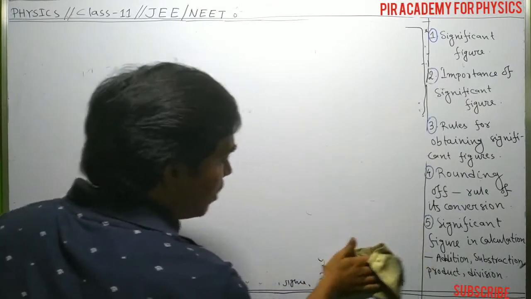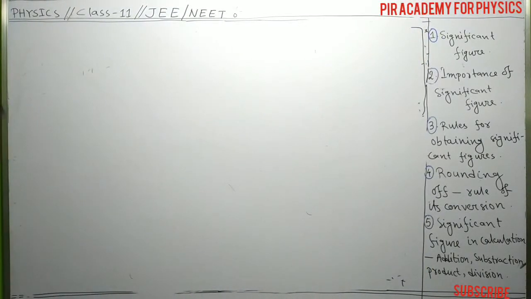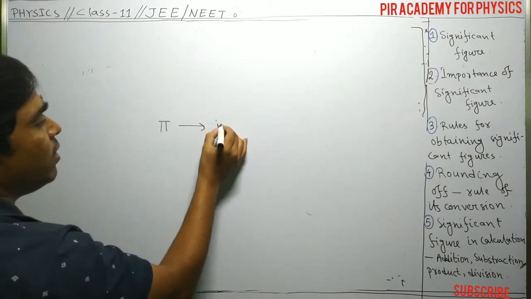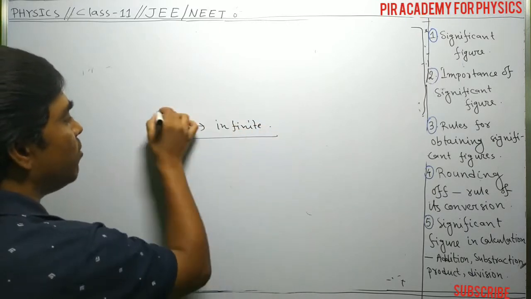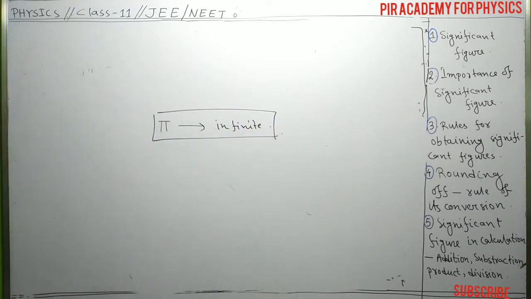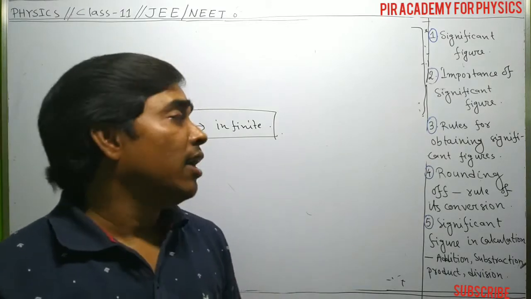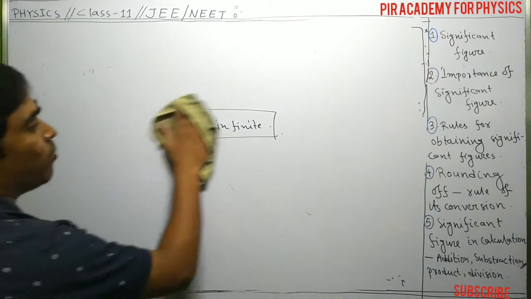Pi is a constant value, so the number of significant figures of pi is infinite. This is the rule for obtaining the significant figures of a group of numbers.